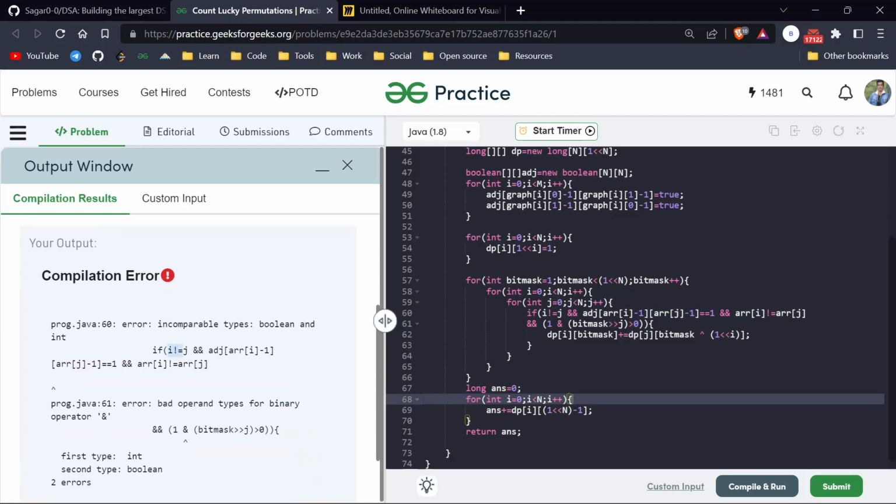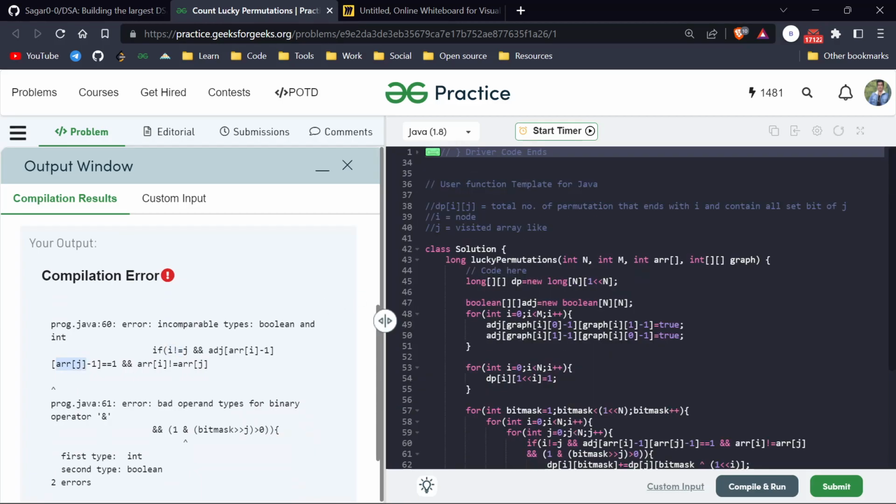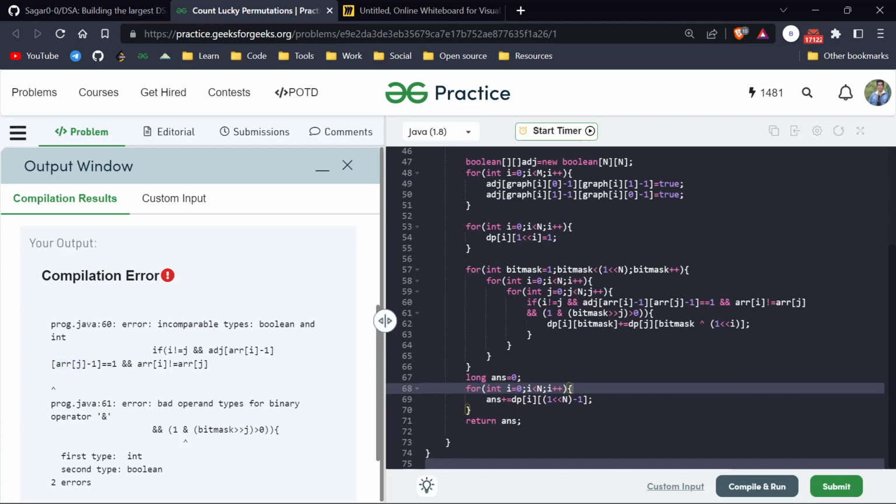Okay. ARR of, okay, that is 1, and I think we are missing some brackets here. No, we are not. So what is the problem? 1 left shift 1 and bit mask right shift j times.